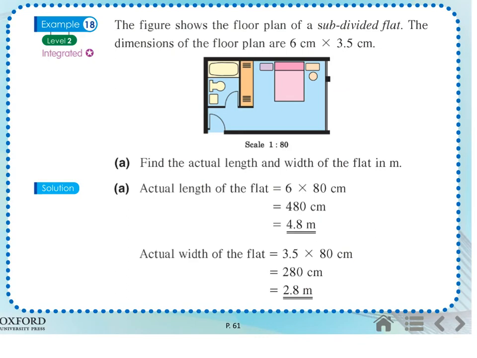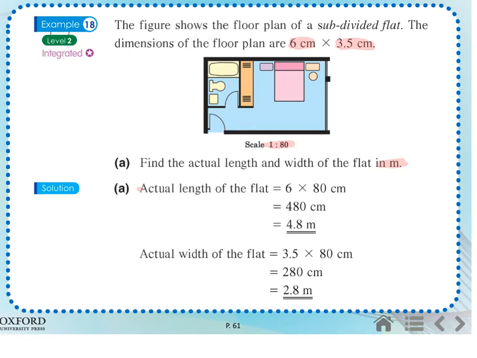Example 18, the last example in this chapter. We need to find the actual length and the width of the flat in meters. So we have the scale here 1 to 80, and this one is the map. Also, this is the distance from the map, or the distance from the drawing. So how about the actual? We have to multiply here to find the actual.